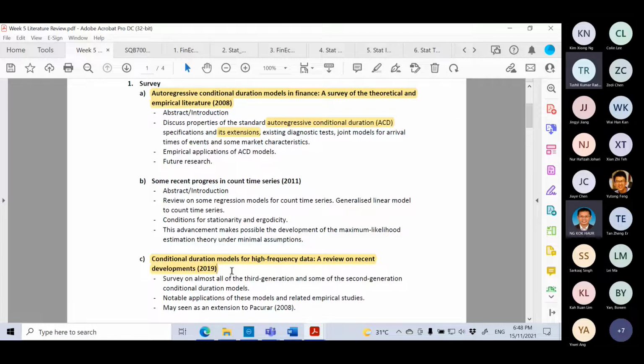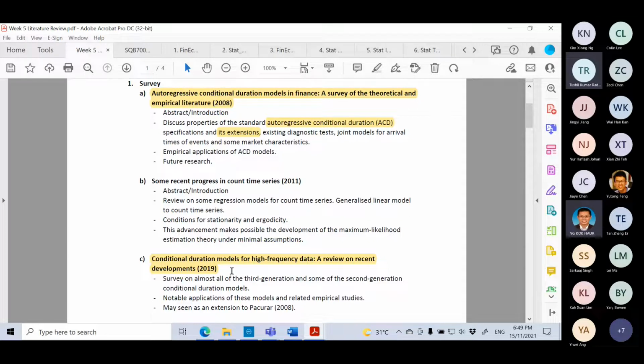Another thing I need to inform you all: when you go through a survey paper, it will not necessarily provide full information. For example, in this topic they will provide all the information under the ACD model, but it depends on the author. If the author can find all, then of course they will survey all the models they have, or they only survey some related models with the same characteristic, only for parts of the models.